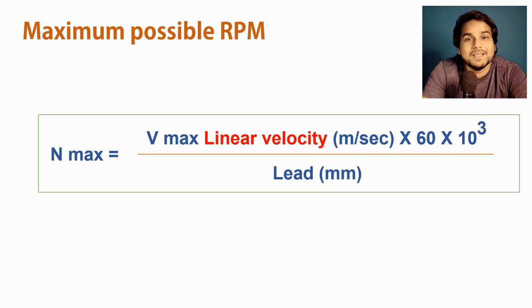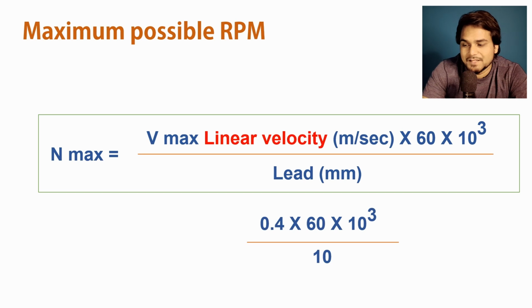And now let's calculate the maximum RPM of the ball screw. And we can simply calculate it using the formula. So Nmax will be equal to Vmax linear velocity into 60 into 10 to the power 3 divided by the lead, and put the values. So Nmax will become 2400 RPM.